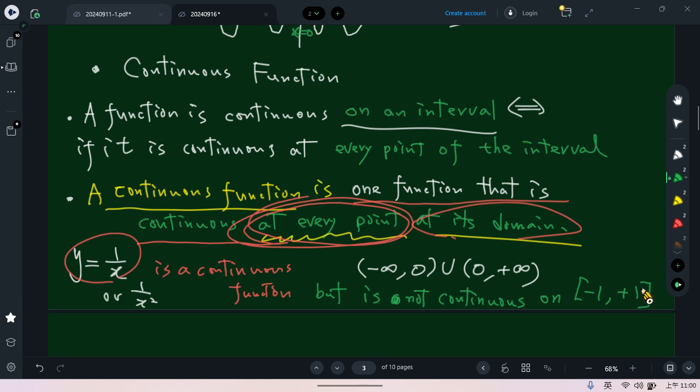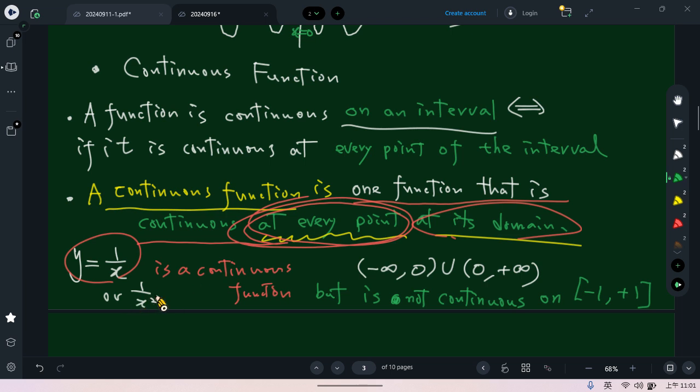Because this interval includes 0, so we cannot say it's continuous within this interval. However, we say 1 over x is continuous because its domain excludes 0. So we don't need to pay attention to 0 when checking if it's a continuous function.